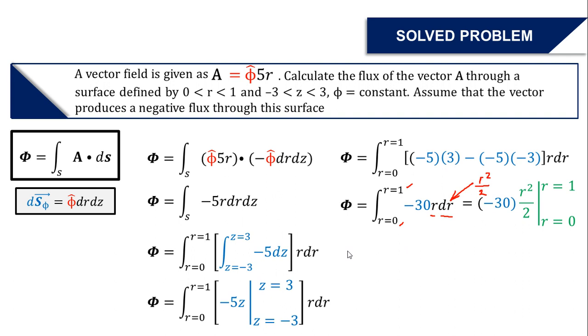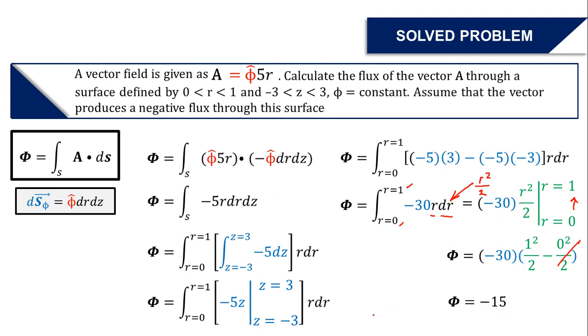Negative 30, then times r squared over 2, evaluated from r equals 0 to 1. Substitute natin yung 0 and 1 dito sa r. And that will give us a flux of negative 15, kasi dun sa 1, naging 1 half na to, ito naman 0. Kaya 1 half times negative 30 is negative 15.